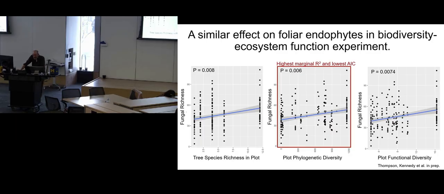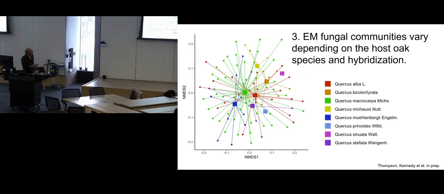And the third thing, importantly, is that the ectomycorrhizal fungal communities vary depending on the host oak species and to a certain extent by hybridization. They have less data on the hybridization, but what you see is that each host species is differentiated, if weakly, in its mycorrhizal fungal community from the others.